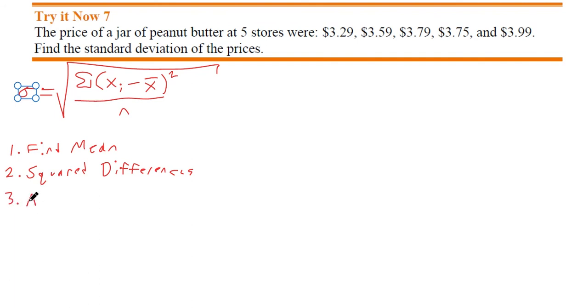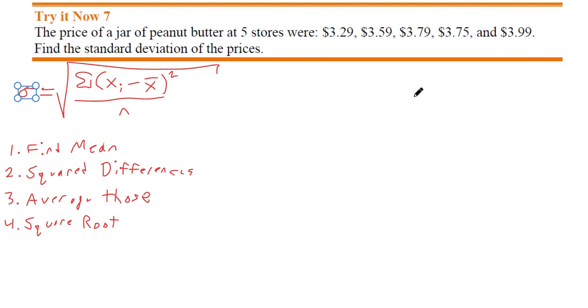Then we average those. And then fourth, take a square root. Those are the 4 things that we'll do. Those are the 4 exact things I did before in the previous example.